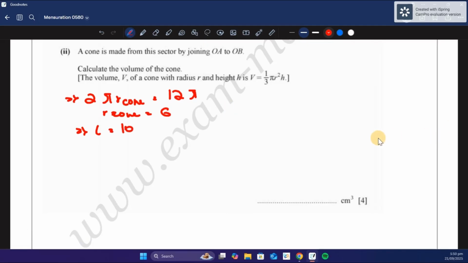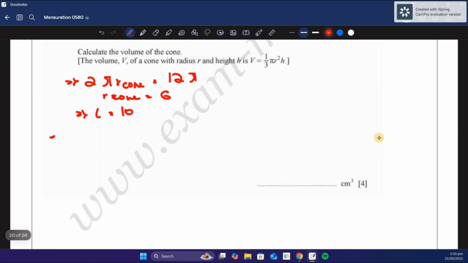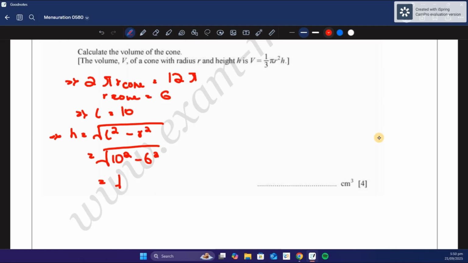Now to find the height, we're going to use Pythagoras' theorem. So h equals root of L squared minus r squared, which would give us 10 squared minus 6 squared, giving us 100 minus 36, root of 64, with a final answer of 8 centimeters.